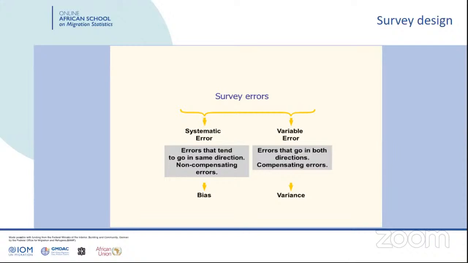It's a well-known fact that people tend to underestimate and underreport their alcohol consumption when asked about that in surveys. That would be a systematic error. You will have errors in the same direction for many households.